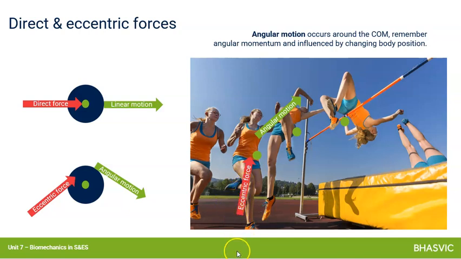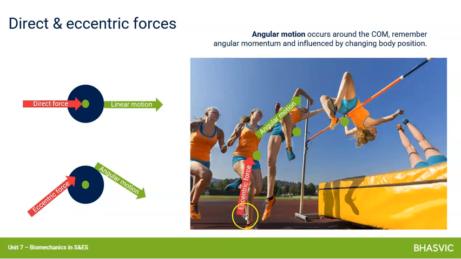Remember, ground reaction force is eccentric, which means because they're leaning, their centre of mass sort of drops, if you like, and the force comes back and goes outside of the centre of mass, which is how they're able to start that arch, that almost rotation into that position.